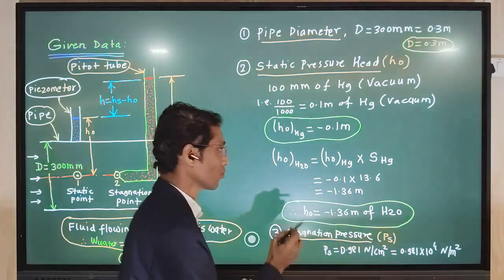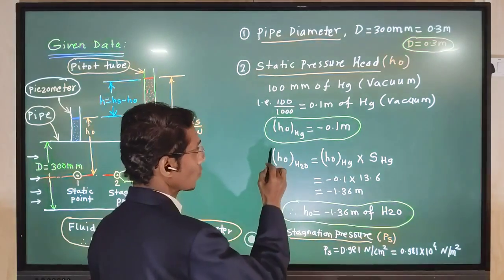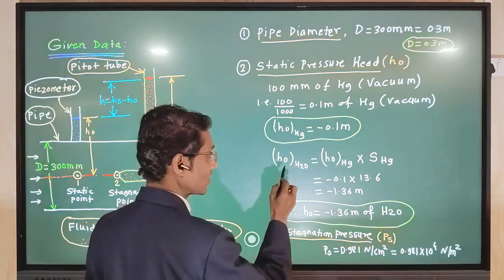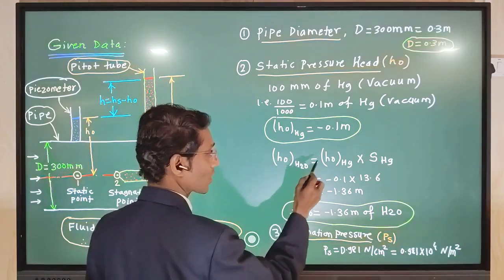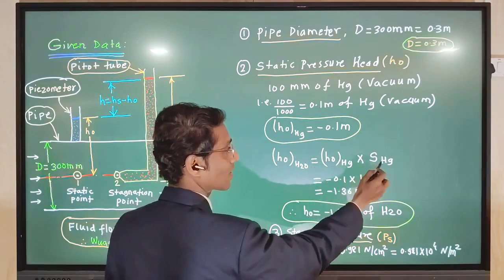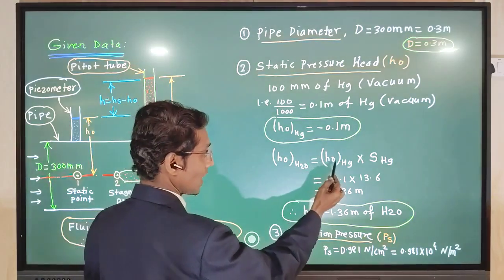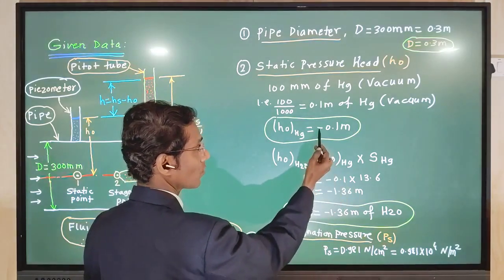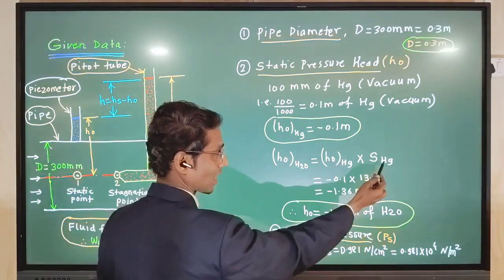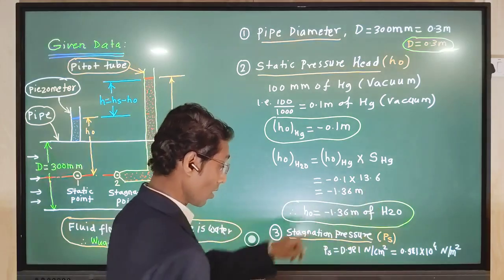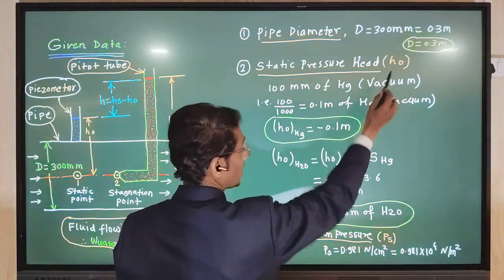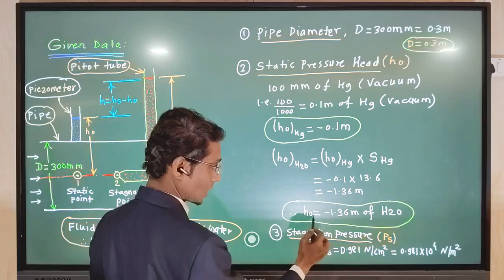So we can use that concept to calculate the static pressure head in water column. We can write static pressure head for water is equal to static pressure head for mercury multiplied by the specific gravity of mercury. Here HO for mercury we have minus 0.1, multiplied by the specific gravity of mercury, that is 13.6.